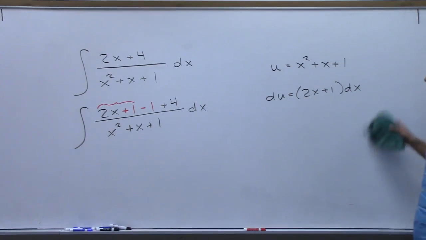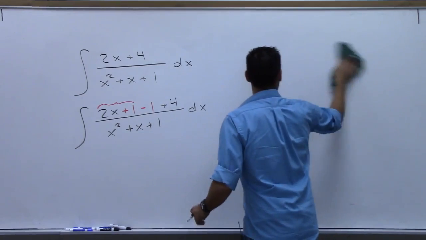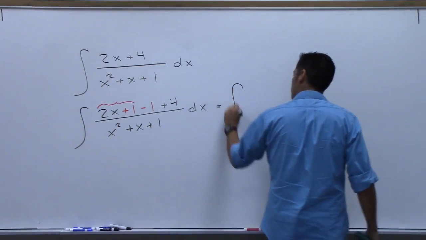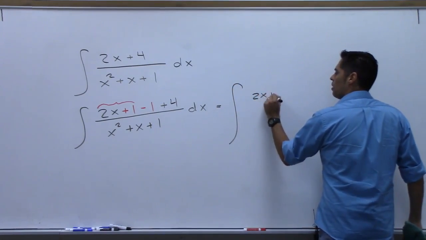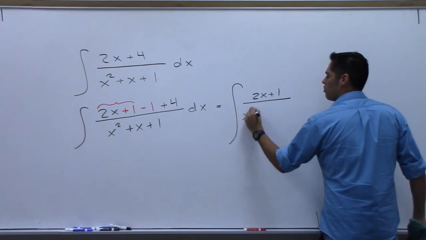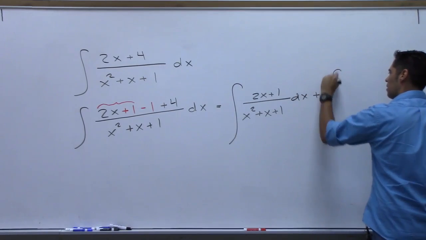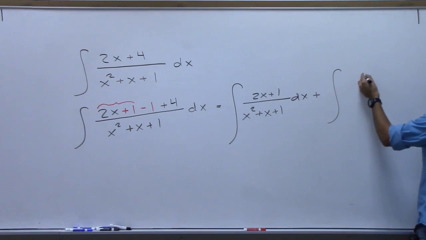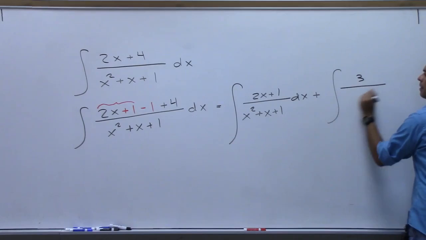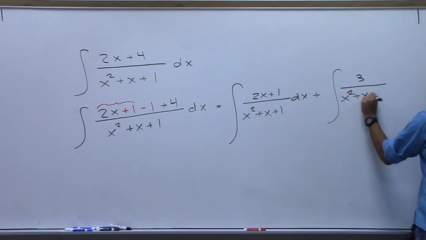So this would become the integral of 2x plus 1 over x squared plus x plus 1 dx plus the integral of 3 over x squared plus x plus 1 dx.